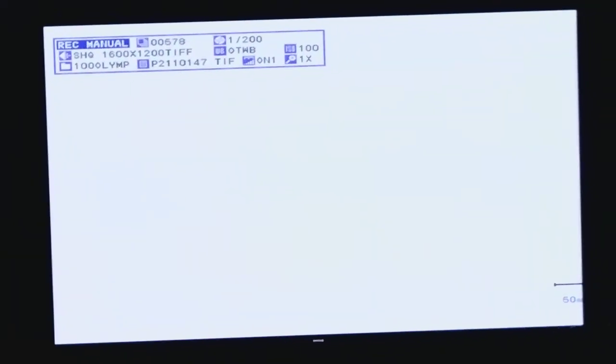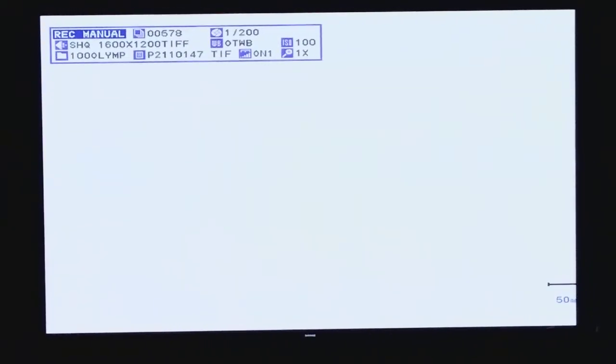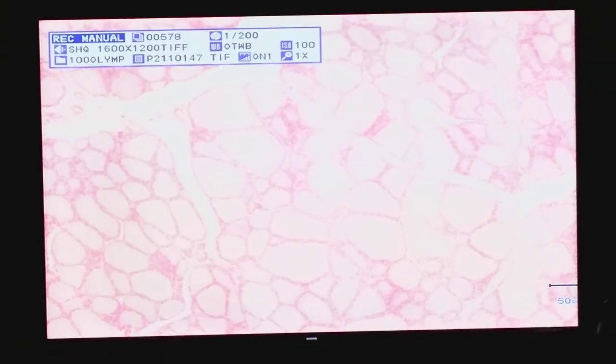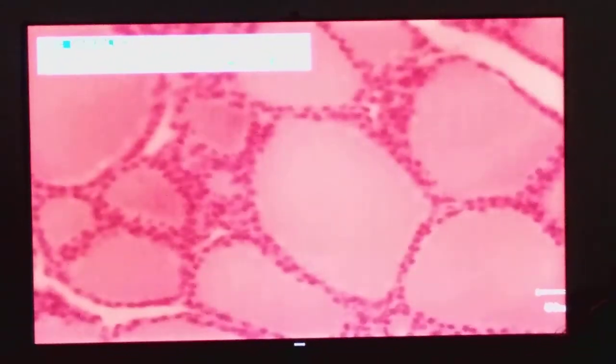What makes the thyroid gland unique from the other endocrine glands? Extracellular? Very good. Extracellular storage in the form of thyroglobulin, which is colloid.